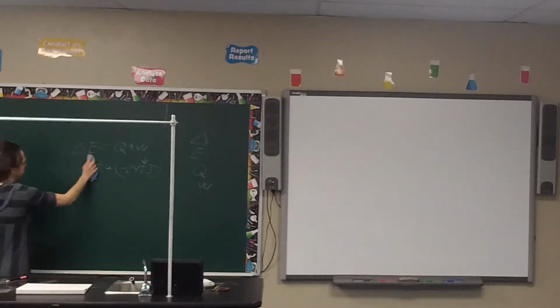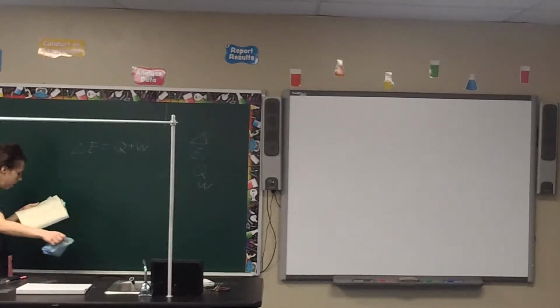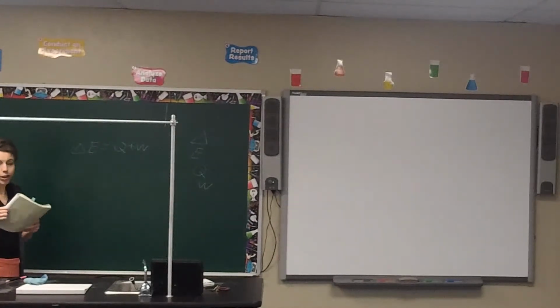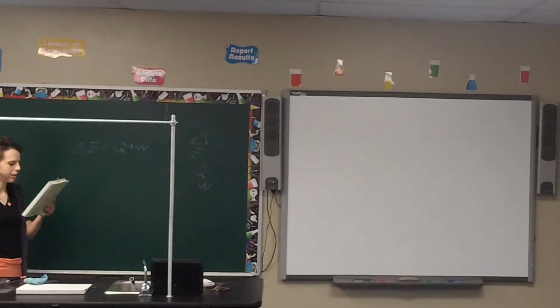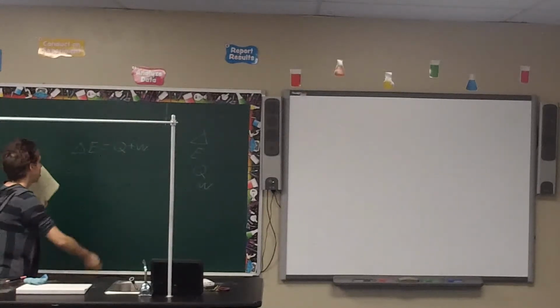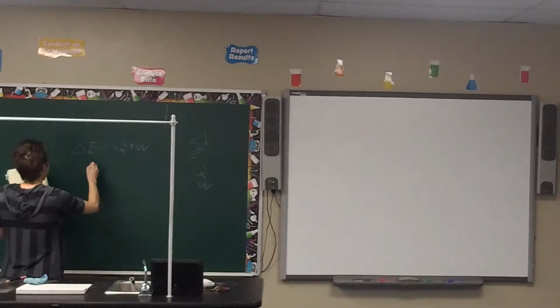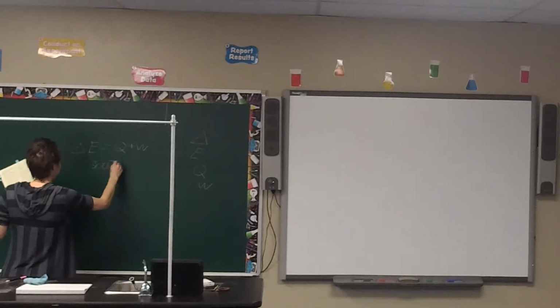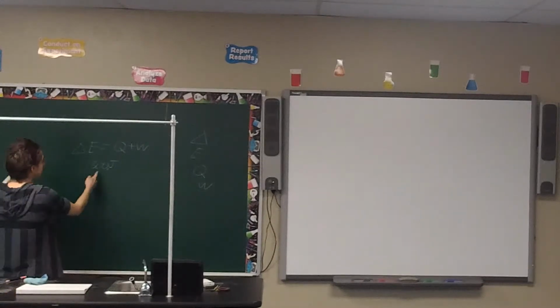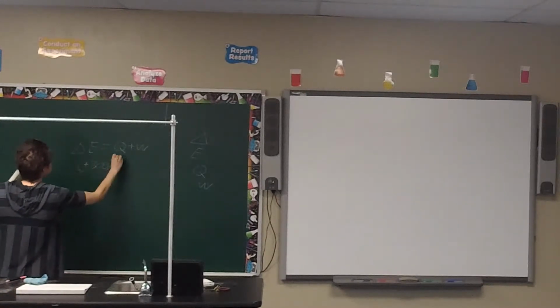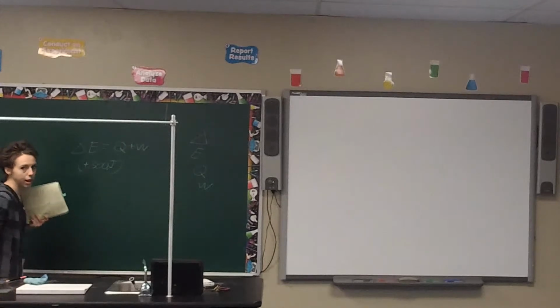Let's look at the second one now. What is the delta E for a system if 300. joules of heat is added to the system and no work is done? So I have 300. joules added. I probably don't have to put a positive sign, but I don't want to forget that it's positive, so I'm going to leave a positive sign on it.